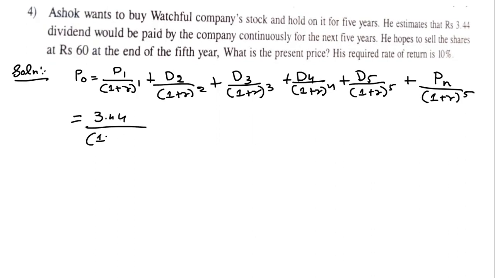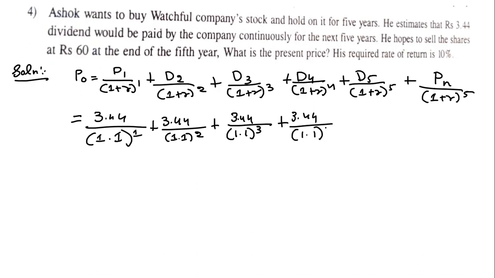Here 1 plus R, where R is 10%, will become 1.1. So 3.44 divided by 1.1, plus 3.44 divided by 1.1 squared, then 3.44 divided by 1.1 cubed, plus 3.44 divided by 1.1 to the power 4, 3.44 divided by 1.1 to the power 5, and last plus 60, the end price, divided by 1.1 to the power 5.